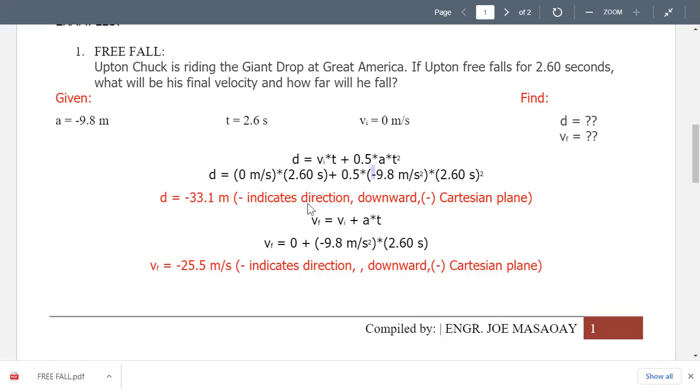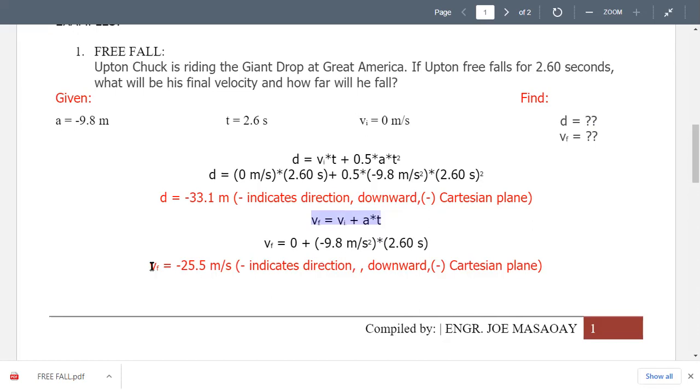To solve now for your final velocity, we can use this formula from your uniformly accelerated motion. Your final velocity is equal to your initial velocity plus your gravitational acceleration multiplied with your time. Substituting, your initial velocity is 0 meters per second, plus the negative gravitational acceleration because he was falling, negative 9.8 meters per second squared, multiplied with the recorded time at 2.60 seconds.